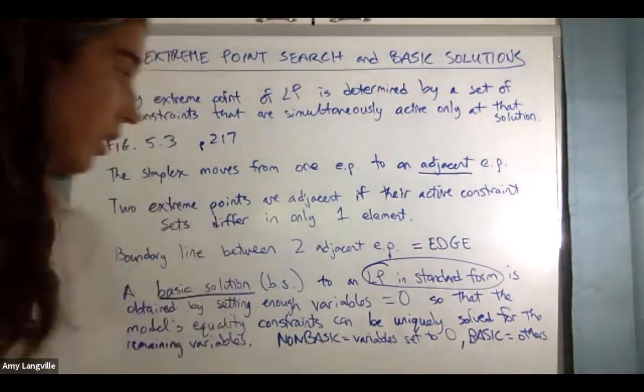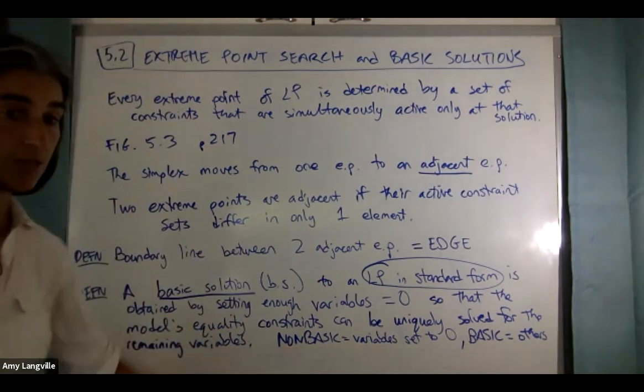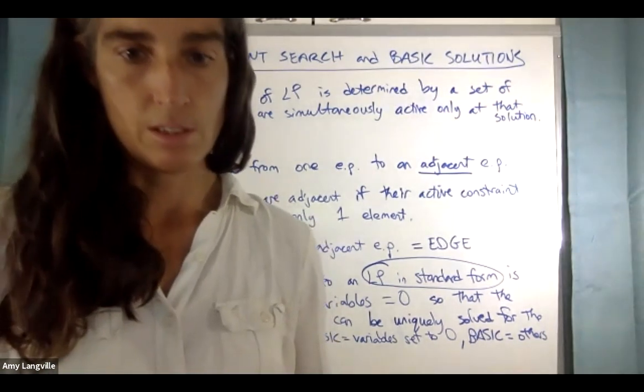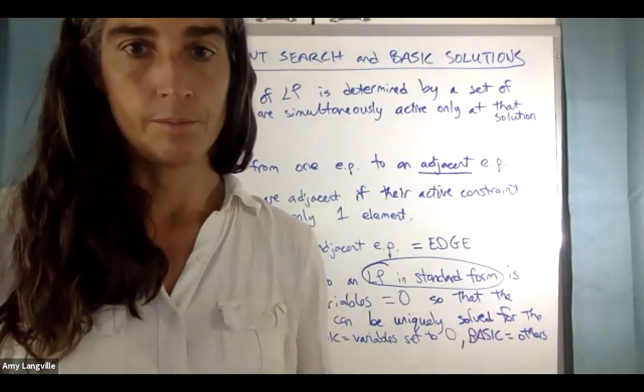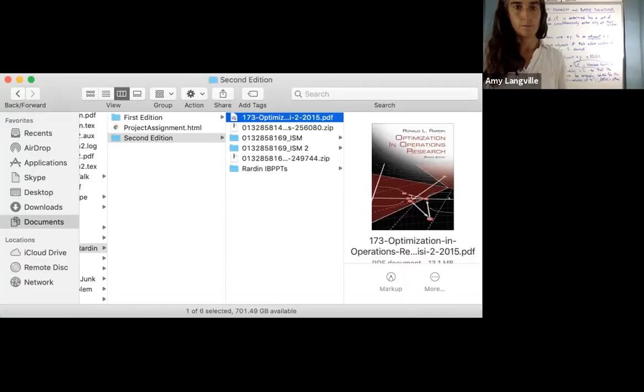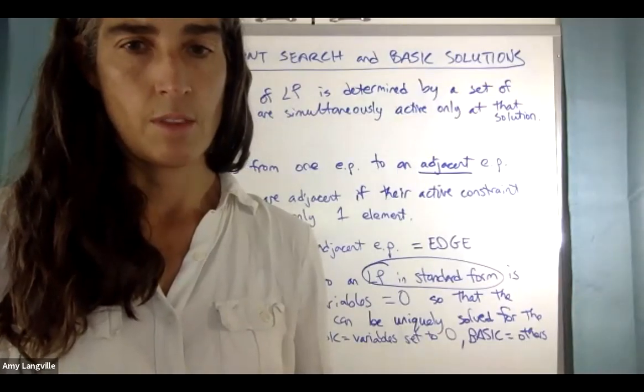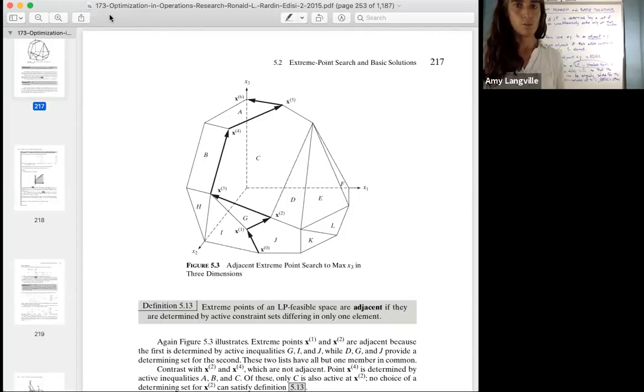Okay, before we come back to this basic non-basic stuff, let's go to figure 5.3 on page 217. Okay, so page 217, there's this figure of a polyhedron that is finite, makes it a polytope in R3.